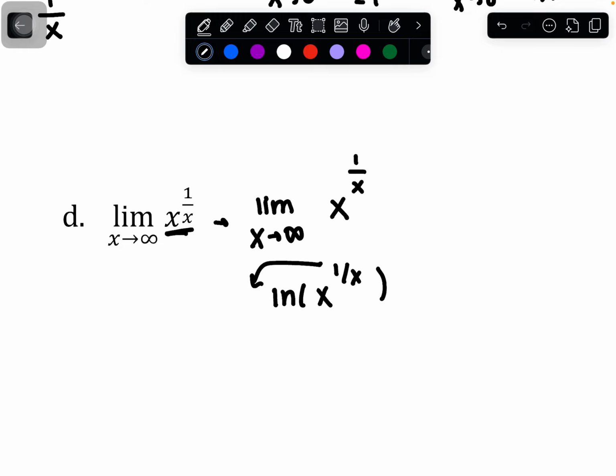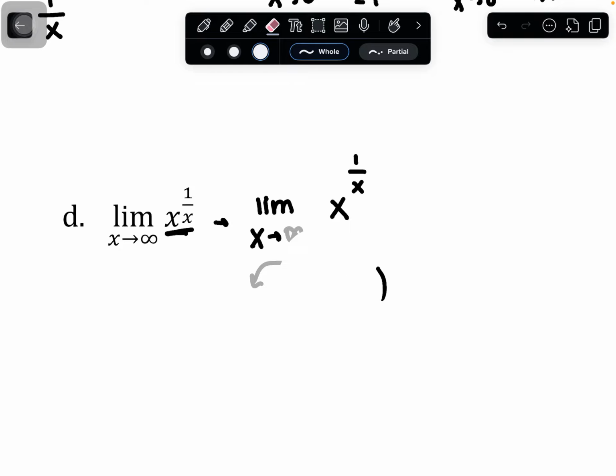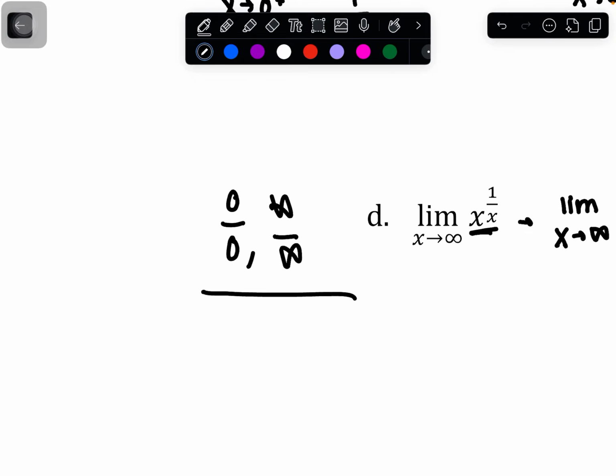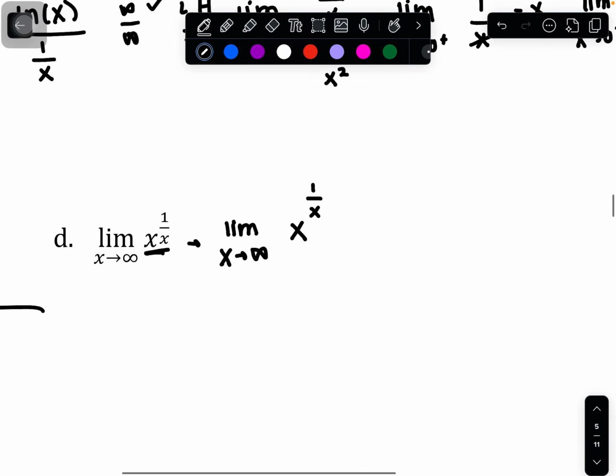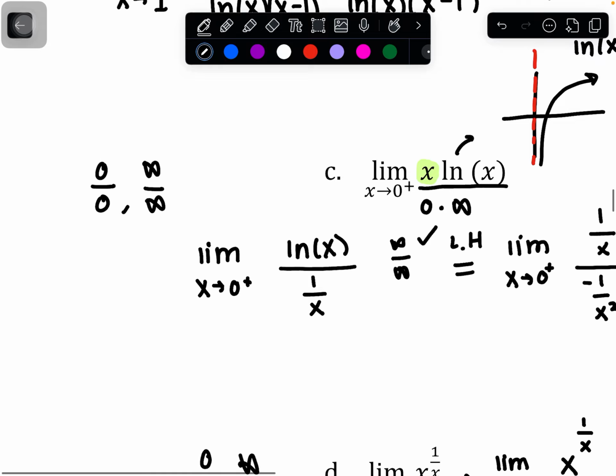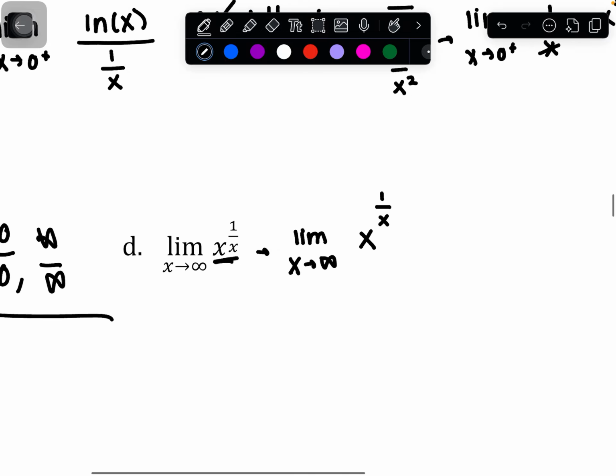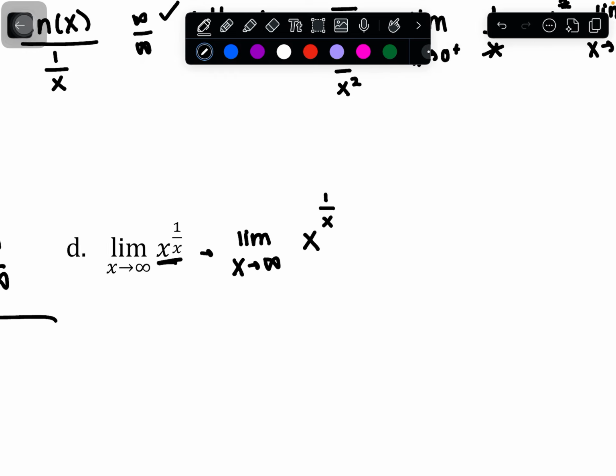We can bring the exponents down. That's going to help us get rid of the exponent. Again, when we did it up here, we had to be careful about not changing the original limit. Same thing here.